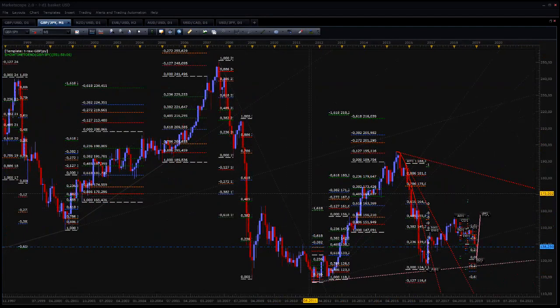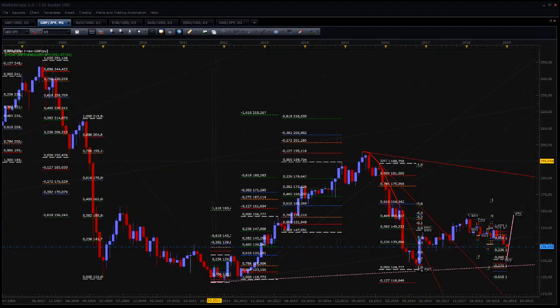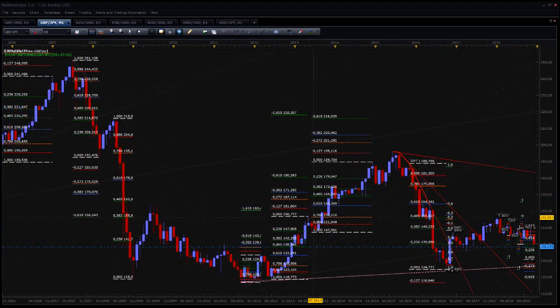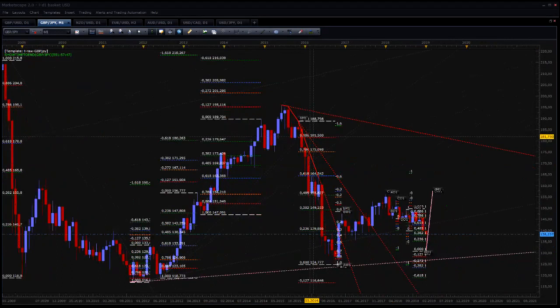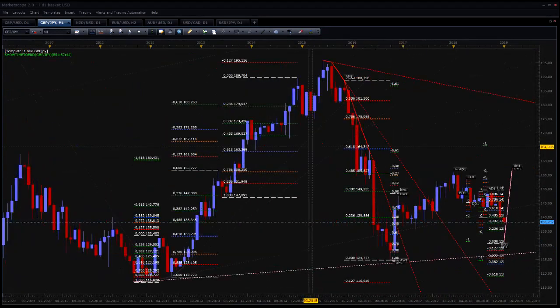Okay, so we have uptrend waves and we have downtrend waves, and we have again, this is on monthly, uptrend waves taken out by downtrend waves. Okay. So we are in a downtrend. AB, market pullback.